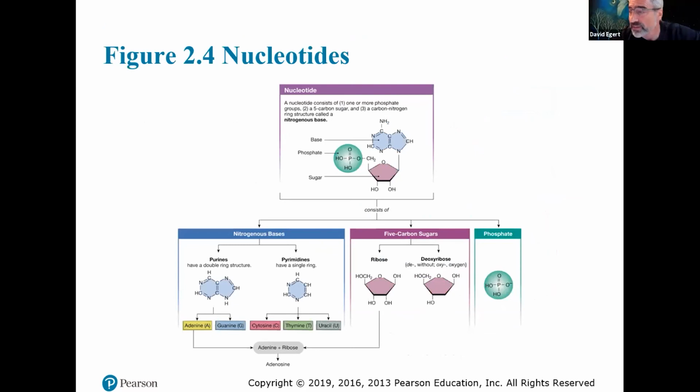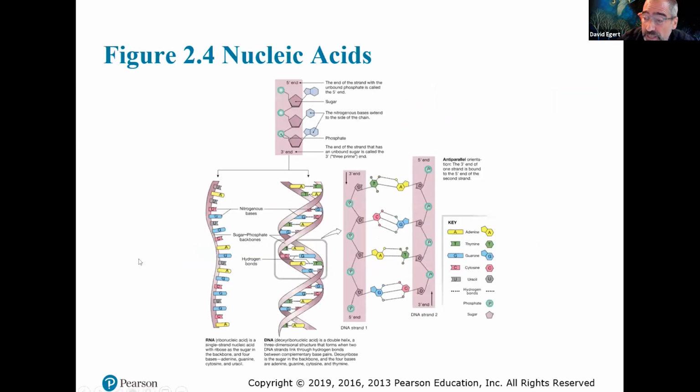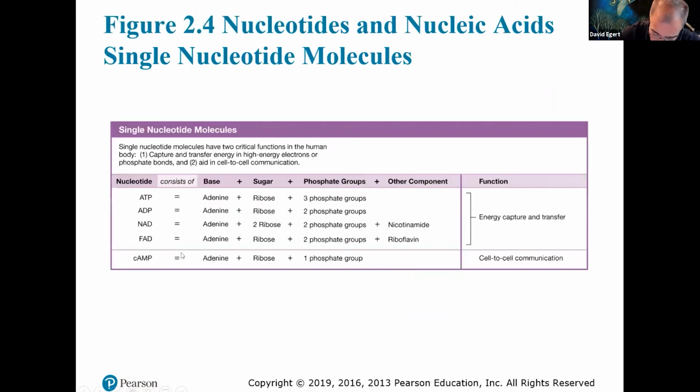Nucleotides, like I said, the main nucleotide based things that we care about are ATP and ADP, FAD, and I should mention cyclic AMP. Let's do that real briefly. So before I do that, any questions about proteins?